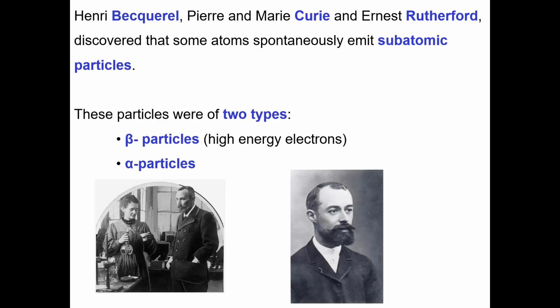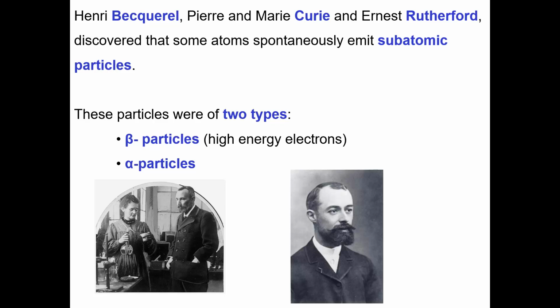So people were like, okay, we're not really getting a lot of information about the structure of the positive part of the atom. So simultaneous to this, people like Henry Becquerel and the Curies, and Ernest Rutherford were looking at radioactive decay, and they had observed that some atoms spontaneously emit subatomic particles.